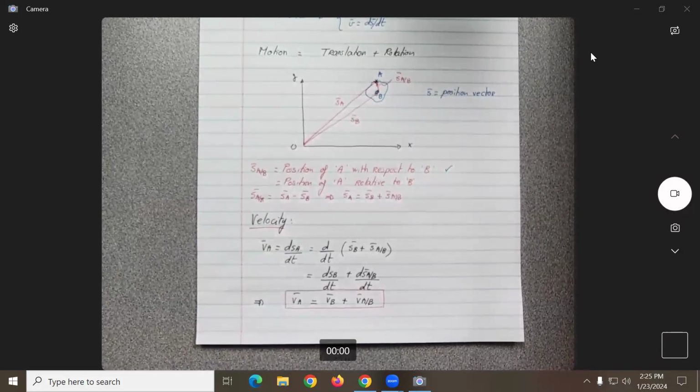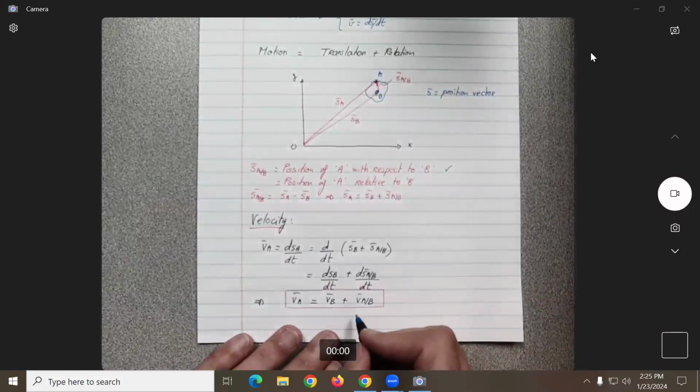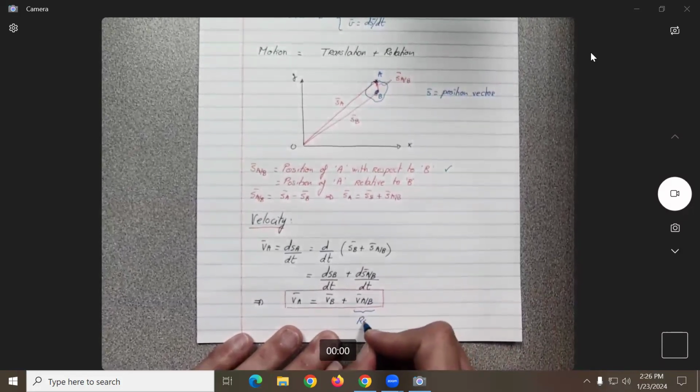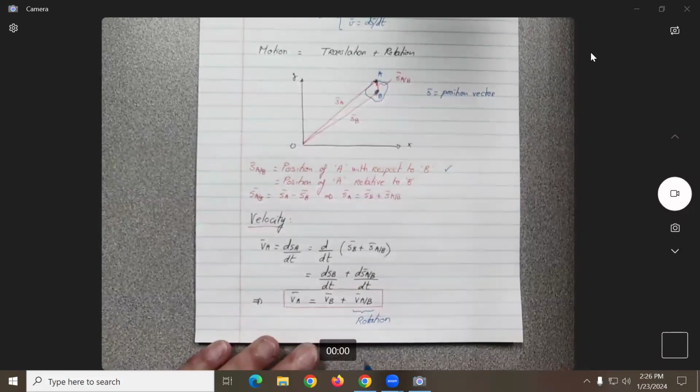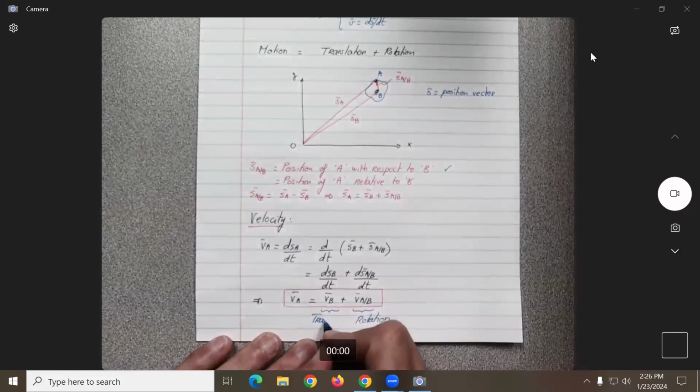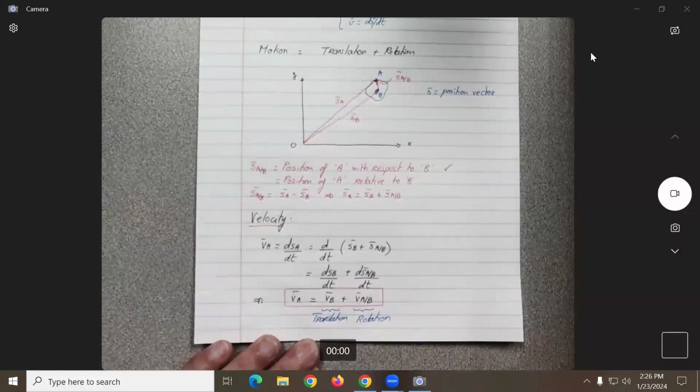So the only different type of motion they can have is rotation, correct? So by induction, or by common sense, we can say that this term will be defining the rotation, and the first term over here will be defining the translation.